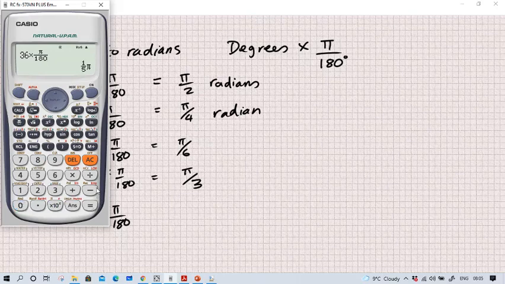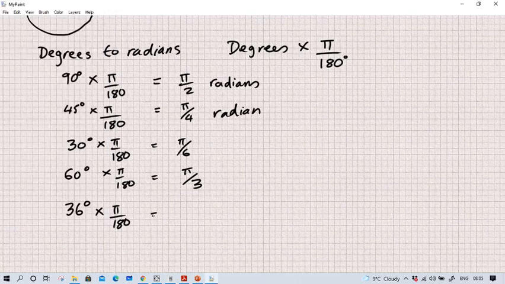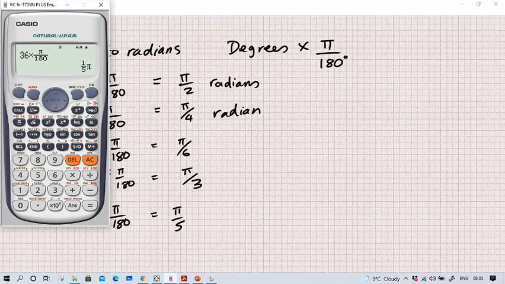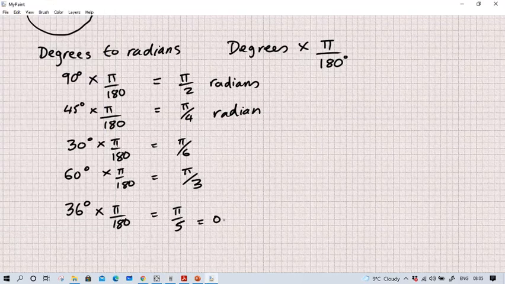In this instance we have a multiple, 1 over 5 times pi. We can also express that as a decimal quantity, 0.6283 radians. And that is the same quantity, albeit rounded to 4 decimal places.